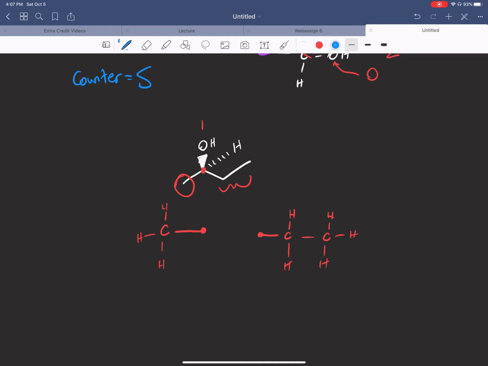So if we're looking at our carbon here in blue, determining which of those, right? Well, we already know our hydrogen is not going to be one of the higher. It's probably going to be the lowest priority because we're deciding between 2 carbon substituents, which all have a higher atomic number.